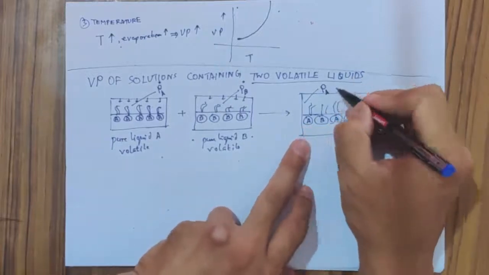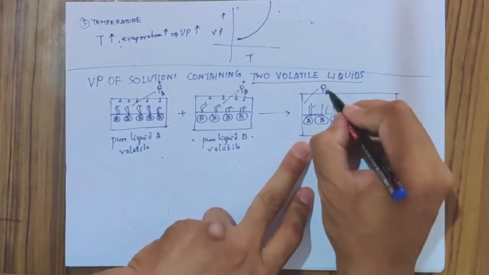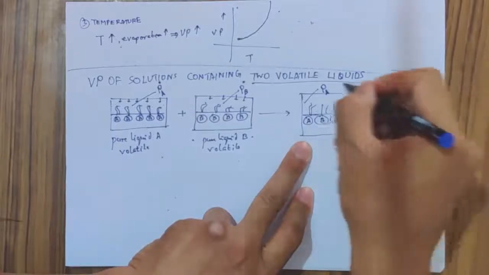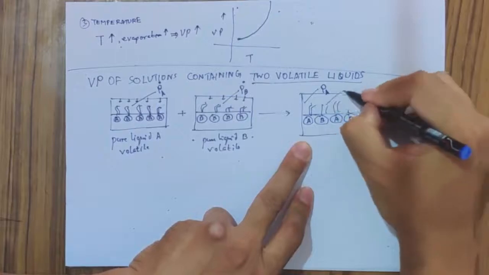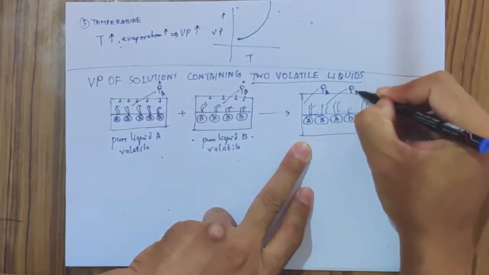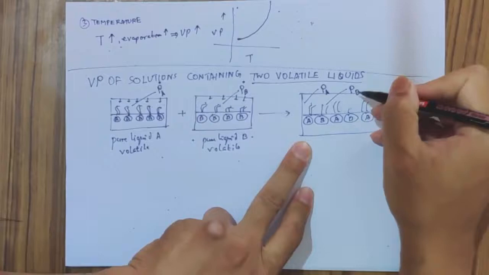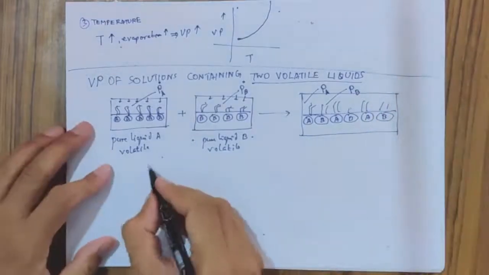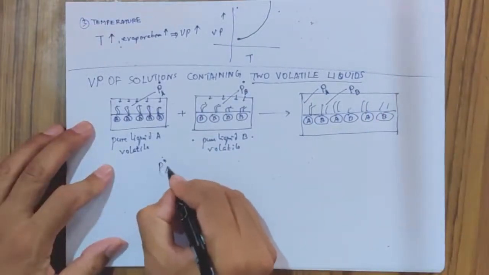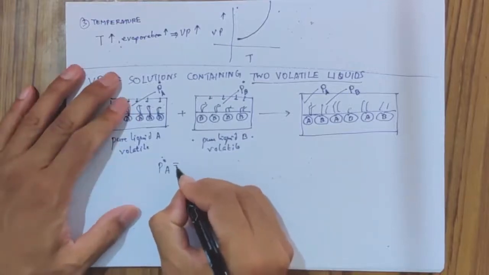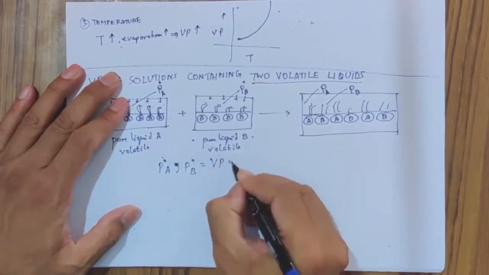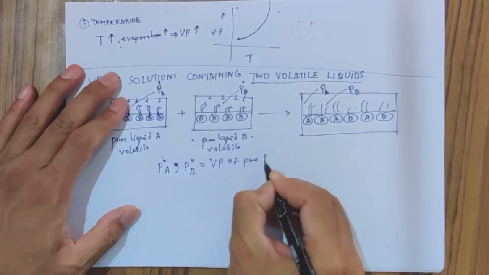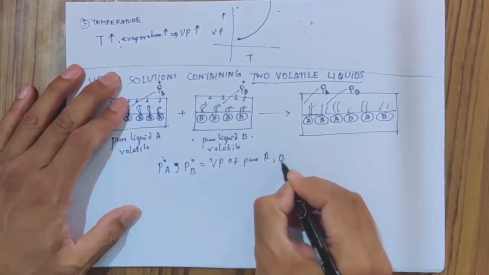This is called the partial pressure of A. Similarly PB is the partial pressure of B. P not A, comma, P not B are the vapor pressures of pure A and B respectively.